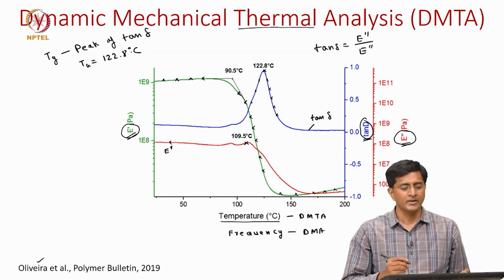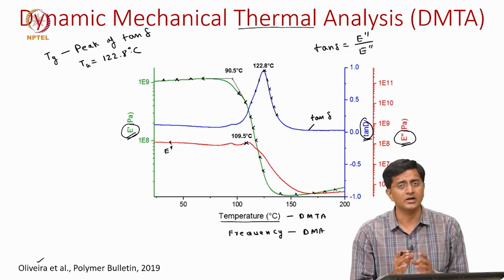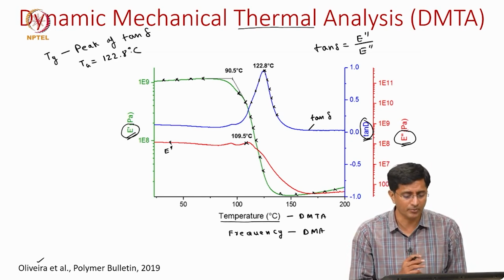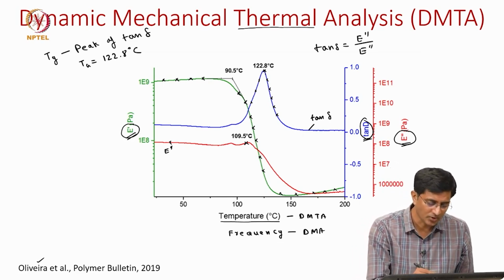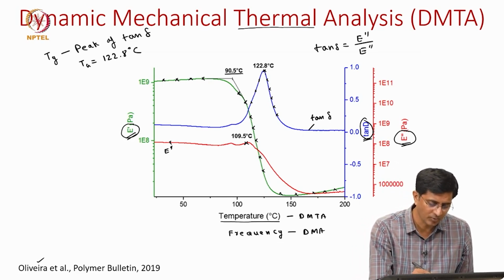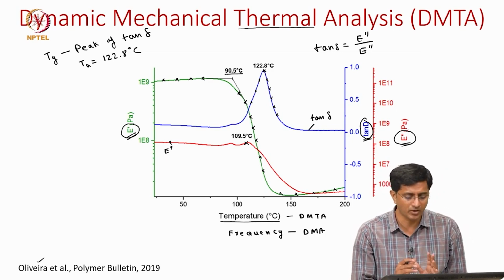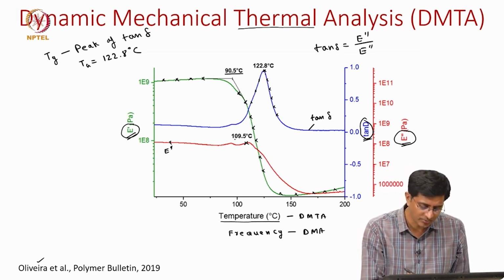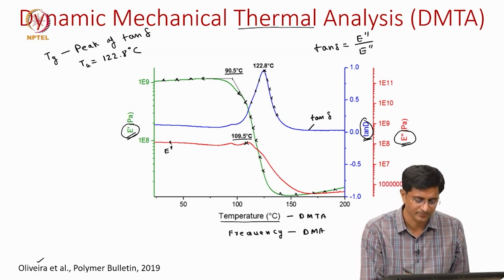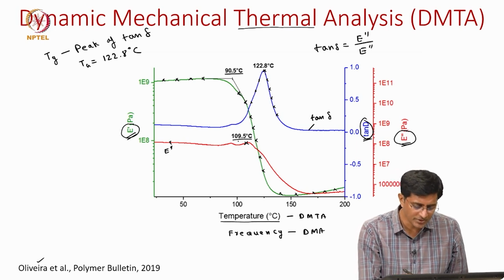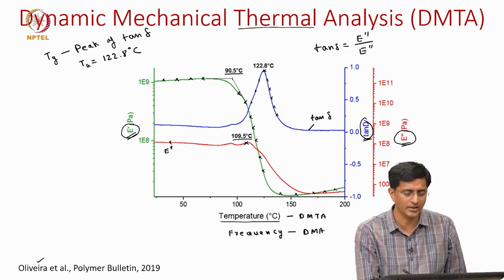Okay. But in literature there are instances where people have reported the glass transition temperature using the storage modulus, which will be about 90 degrees, and there are instances where people have noted the glass transition temperature based on the loss modulus, which is close to 110.